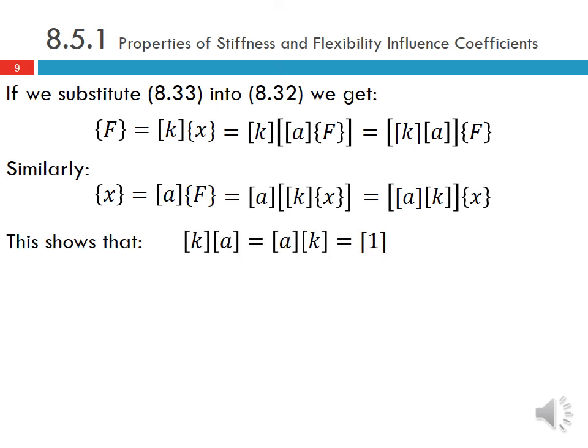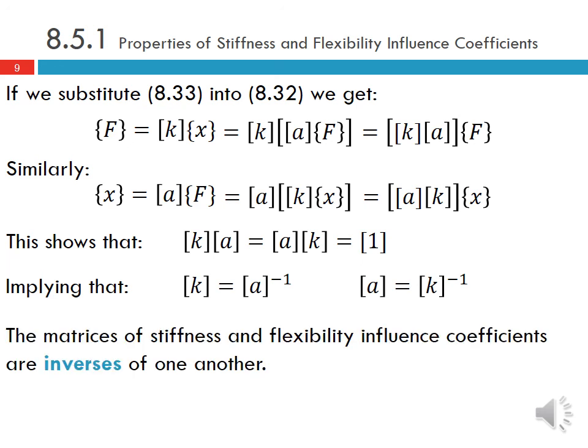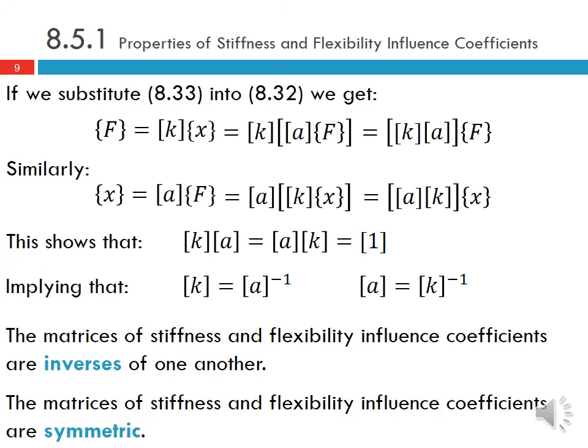So this shows that KA is equal to AK, which is equal to the identity matrix. So this implies that K is equal to the inverse of A, and A is equal to the inverse of K. So what we've shown is that the matrices of stiffness and flexibility influence coefficients are inverses of one another. And it can also be shown that the matrices of stiffness and flexibility influence coefficients are symmetric.